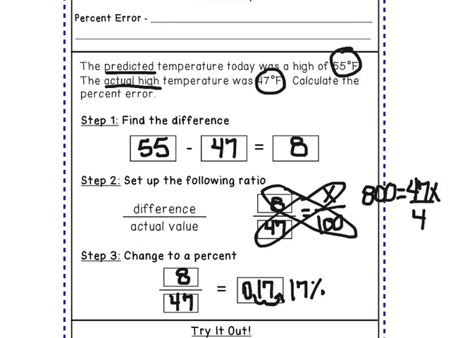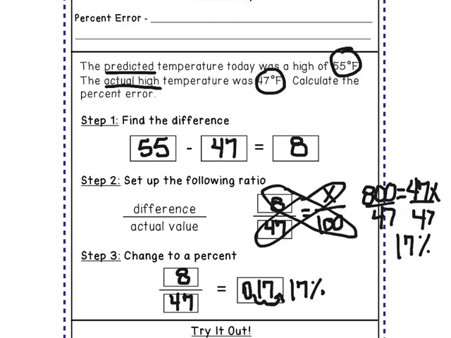I'm going to divide by 47 on both sides. Take my calculator. 800 divided by 47 gives me 17.02, which is rounded to 17%. So there you go. Either way, you have 17%. Okay? So those are the two examples.